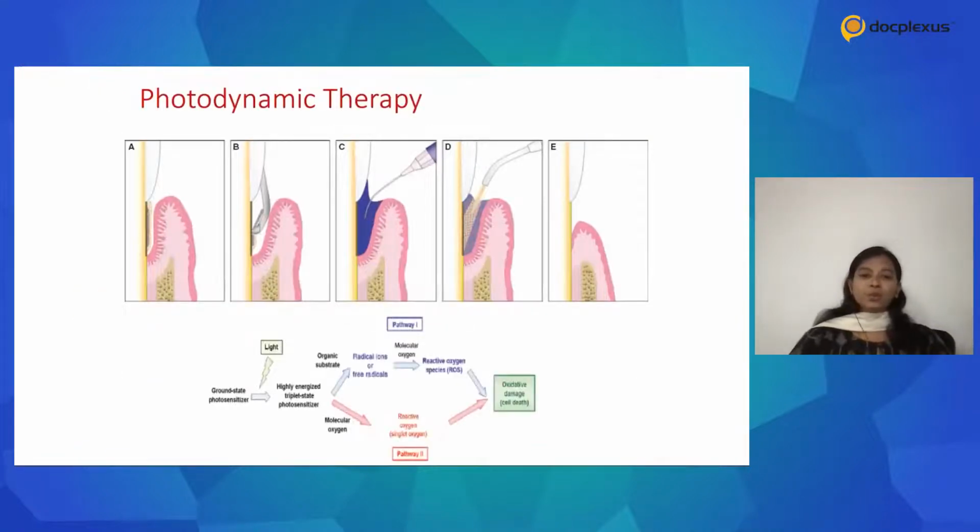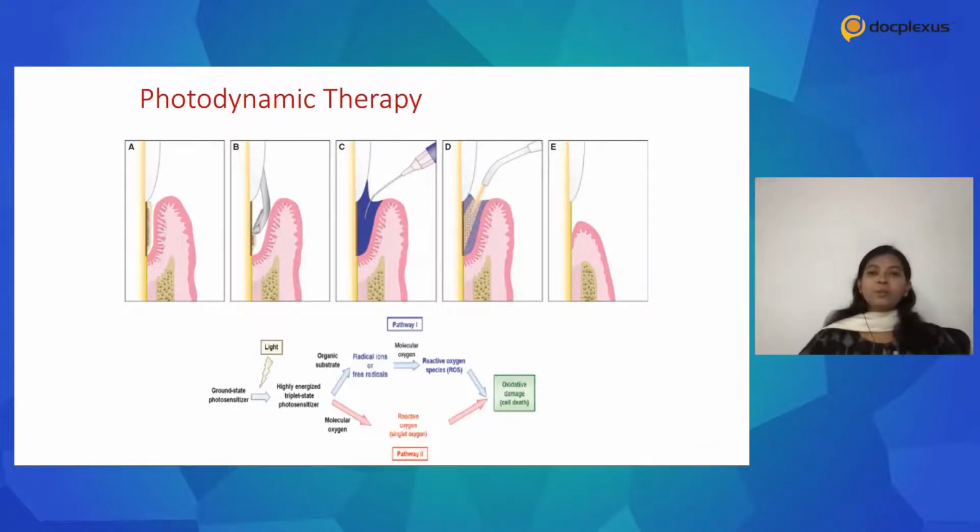When you use photodynamic therapy, you can achieve a kind of disinfection wherein reactive oxygen species will help you to clear the sulcus area of any microbial plaque which is present.